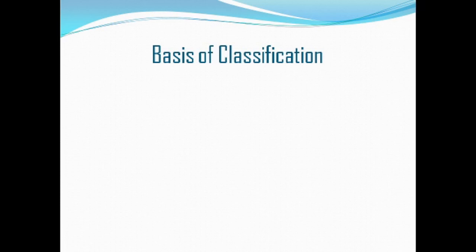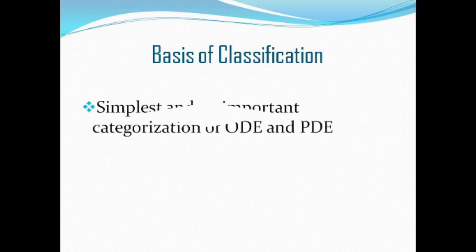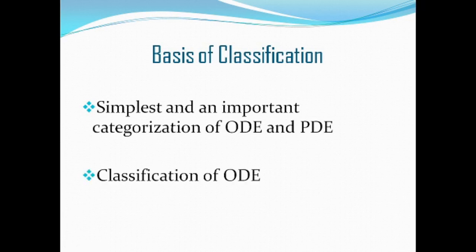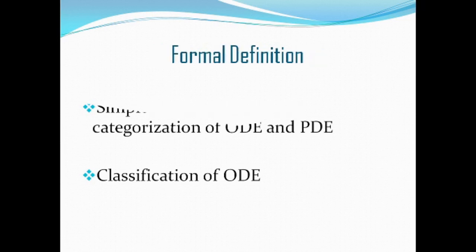But the simplest and an important categorization of differential equations is based upon their order. Differential equations include both ordinary differential equations and partial differential equations. But here we'll classify only ordinary differential equations, ODE, based upon their order.